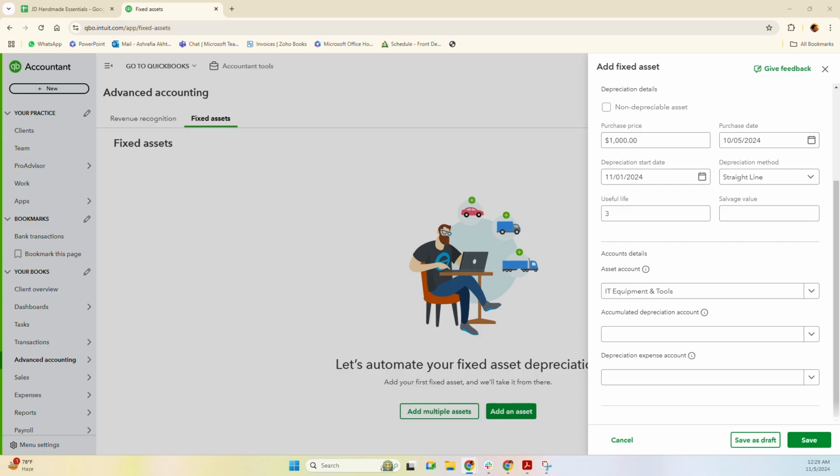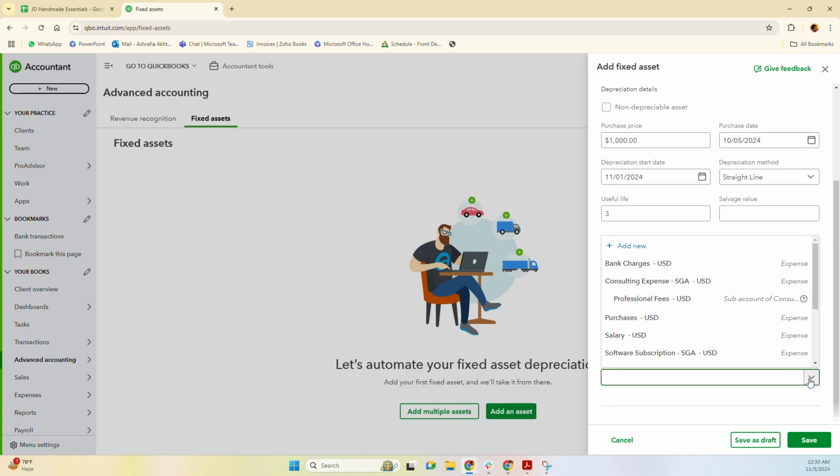In the balance sheet, we will see the asset account positive with cost value and the accumulated depreciation account with a negative entry. And the sum of these two amounts will be our total fixed asset in the balance sheet. So let's choose our accumulated depreciation account from here and our depreciation expense account.